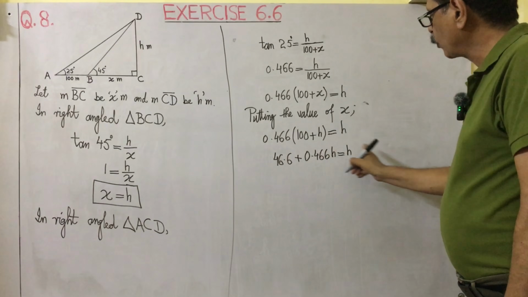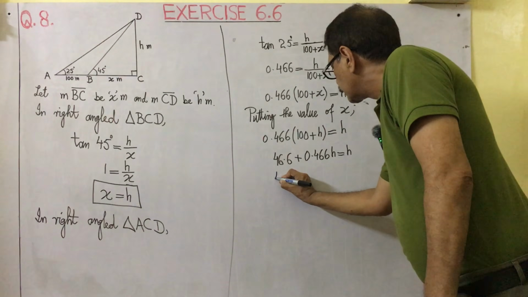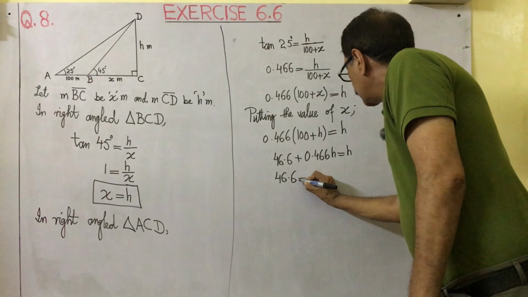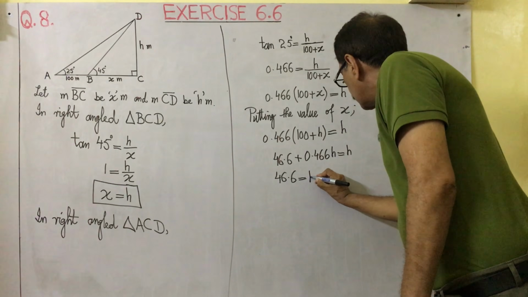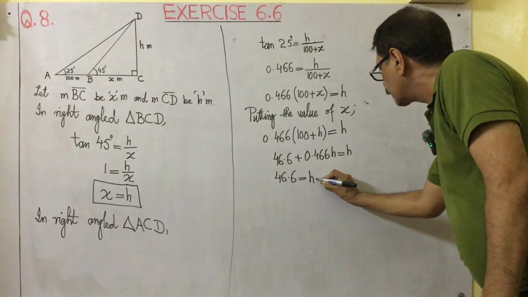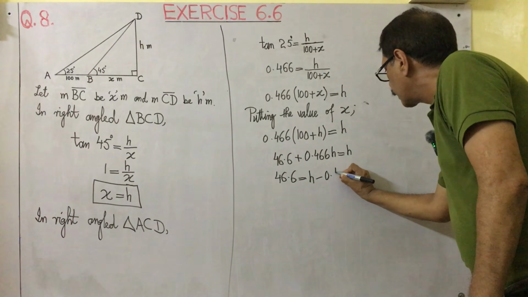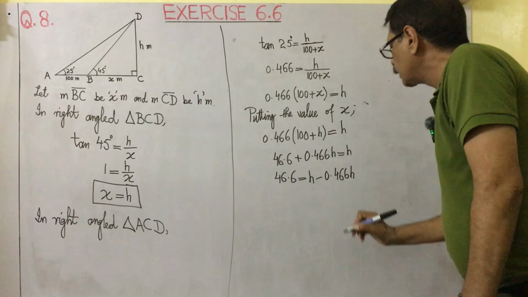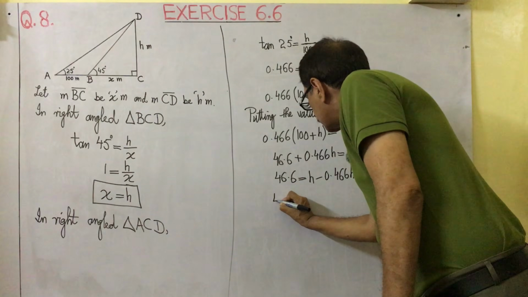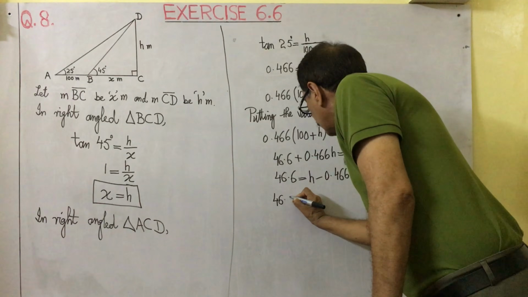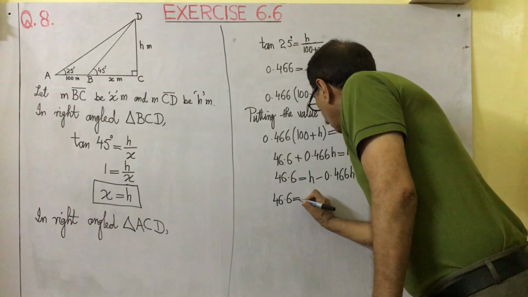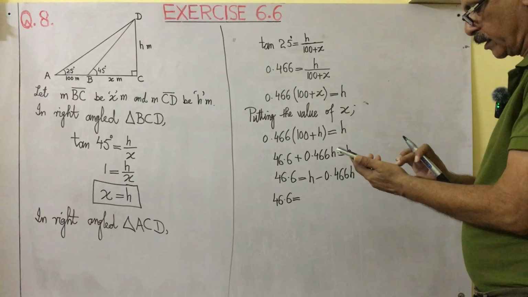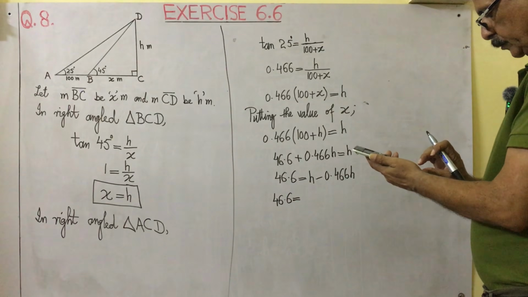Transpose this term to the right hand side. 46.6 is equal to h minus 0.466h. Let us calculate.